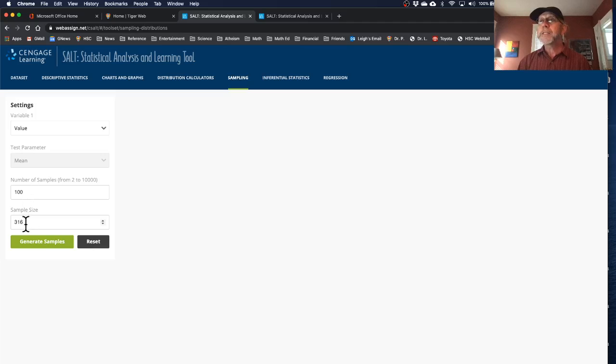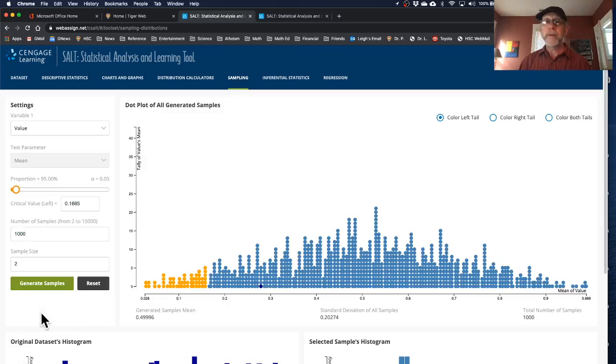I'm going to select a sample size that's pretty small here, about 2. And I'll generate 1,000 samples at a time, and we will build up the sampling distribution as we've done before. So it takes a minute to compute because there's such a large population. But there's our first 1,000 samples, so 1,000 dots in this graph, each of which represents an xbar value calculated from a sample of size 2 here.